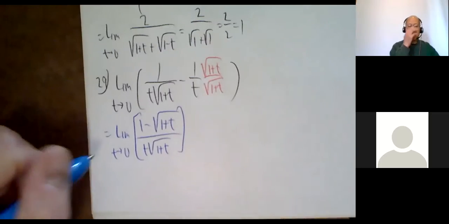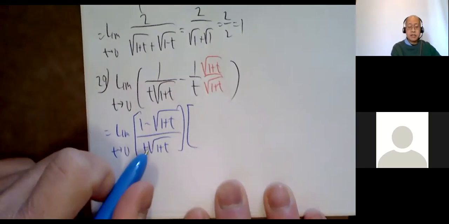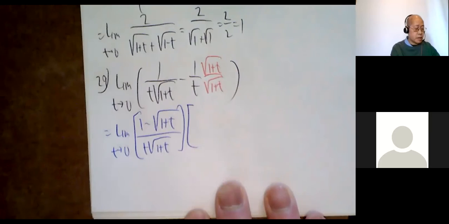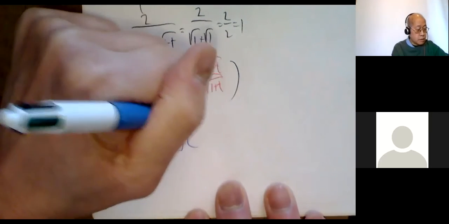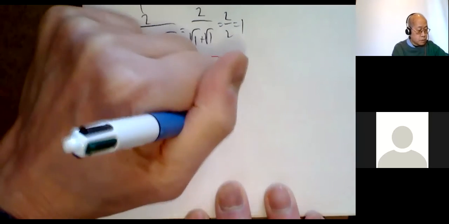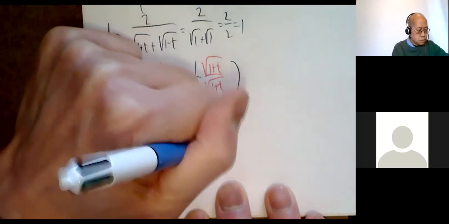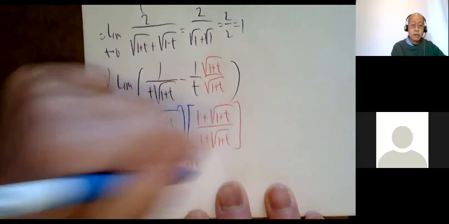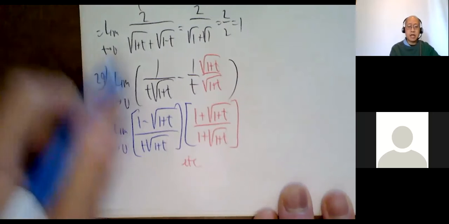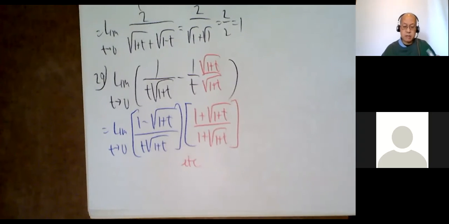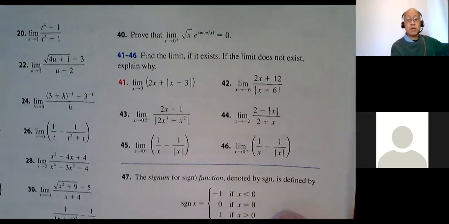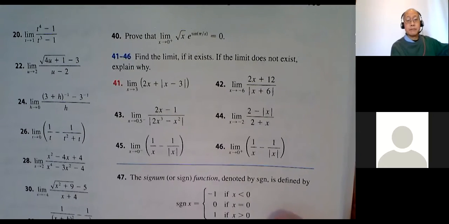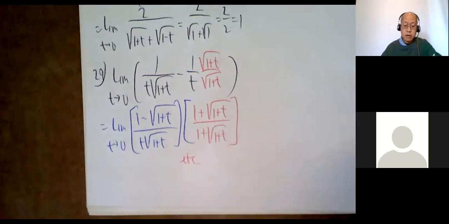In order for me to do a greater variety of problems, I'll just stop here. You do the same thing of multiplying by the conjugate. It's a similar style, but I want to go over different types of problems. So the concept is the same as the previous one. That's as much as I feel like doing for that one. And 41 should be just a plug-in. Just plug in 3. All right, so that's 2.3.